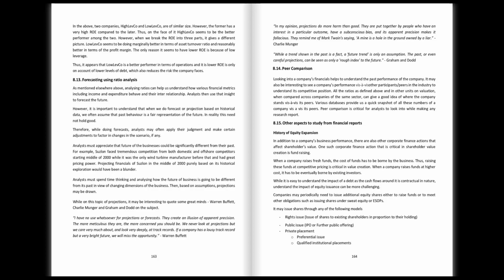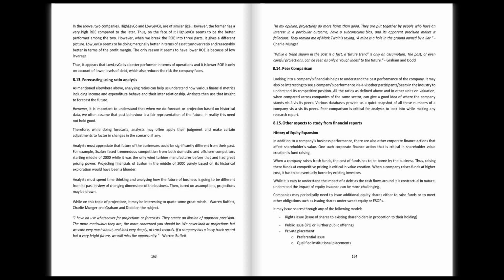Low-Lev Co. seems to be doing marginally better in terms of asset turnover ratio and reasonably better in terms of the profit margin. The only reason it seems to have lower ROE is because of low leverage. Thus, it appears that Low-Lev Co. is a better performer in terms of operations, and its lower ROE is only on account of lower levels of debt, which also reduces the risk the company faces.